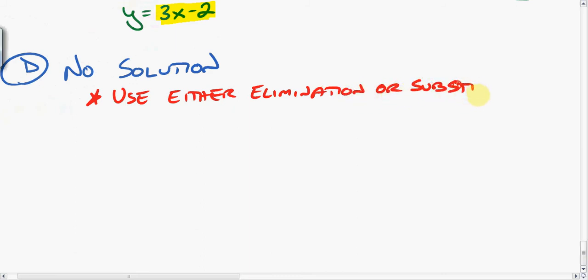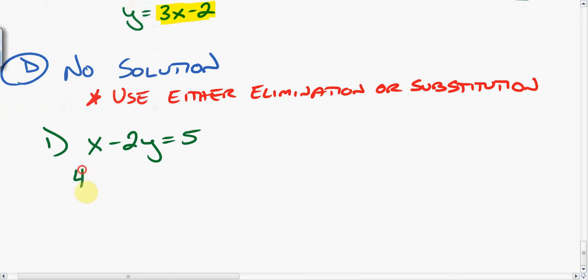Doesn't matter. I'm going to end up using elimination here, just because we used substitution in the previous problem. So, no solution. We've got x minus 2y equals 5, and 4x minus 8y equals 3.